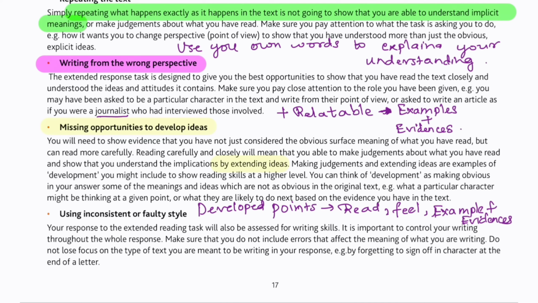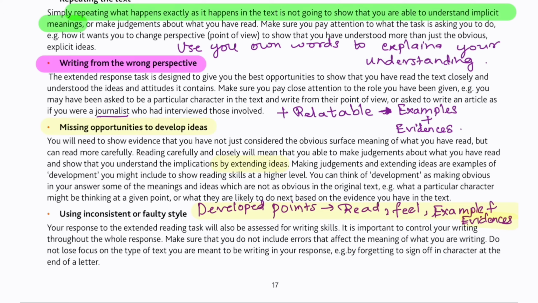If you use this strategy, it is very simple and easy. A developed point is nothing but what you have read: whatever you understand directly as explicit meaning, what you feel, whatever you have understood as implicit meaning, plus the examples, plus evidences. Clear with this? So I have just summarized this point over here.